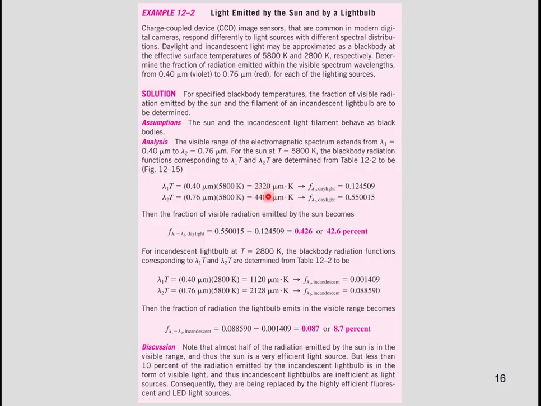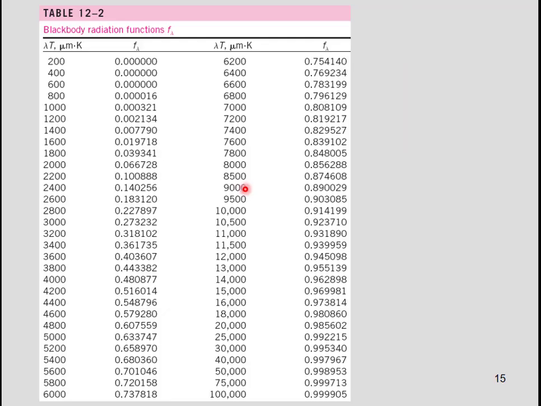By knowing this information, lambda 1 T is 2320, almost here between 0.10 and 0.14. By interpolation, we can find the value of this. As I told you before, there is a continuous relationship between these two values, so you can use interpolation to find the value between these two.